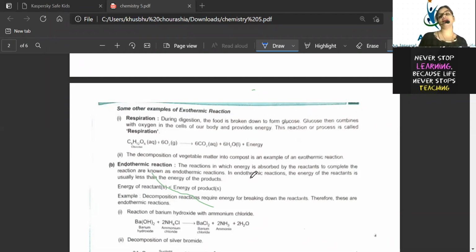These microorganisms start eating the body. You know what complex material your body is made of; they will convert that complex material into simpler materials, and they will eat it. After that, they will return the gases or energy to the atmosphere. So that's why, in a way, decomposition is a type of exothermic reaction. Understood?